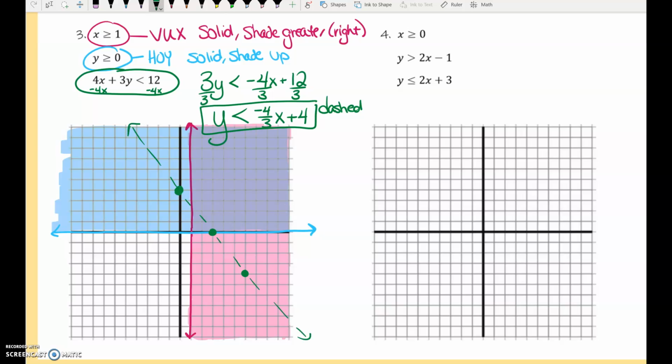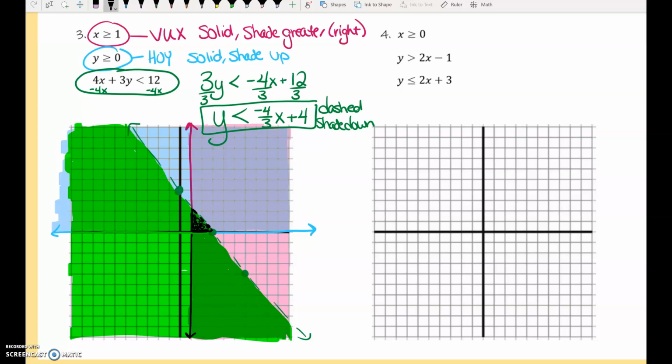And which direction are we going to shade? We're going to shade down, which is here. So on this graph, the final solution area is this tiny itty bitty little triangle. Solid line on the left and the bottom, dashed line on the right.